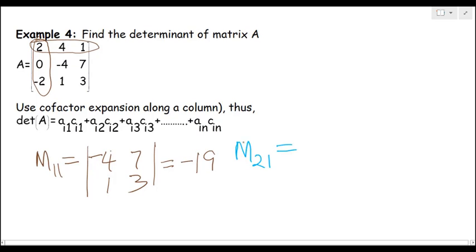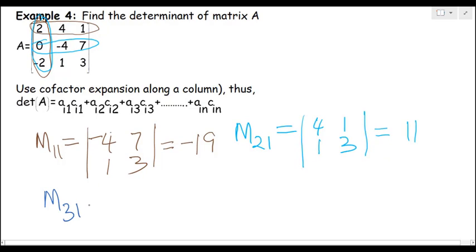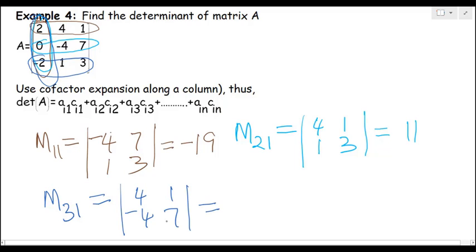M21: this means we broke row number 2 and column number 1, and we are left with 4, 1, 1, 3, and this translates to 12 minus 1, that is 11. M31 means that we broke row number 3 and again column number 1, and we are left with 4, 1, minus 4, 7. We get the determinant, which is 28 plus 4, equal to 32.